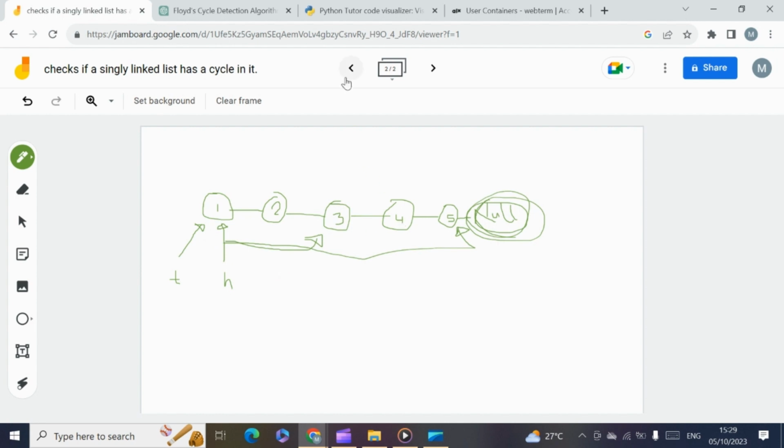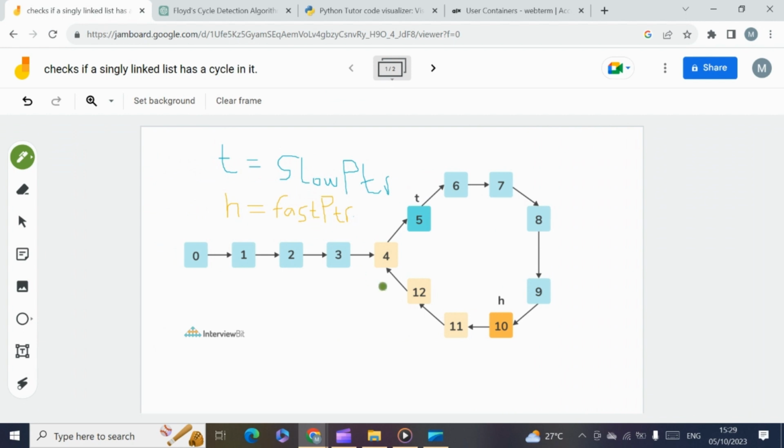it means that there's no cycle. So how do we know if there's a cycle? Now let's look at this. Here the T is the slow pointer and the H is the fast pointer. They initially start at the beginning of the list or of the sequence, and then the T moves one node at a time, whilst the H moves two nodes at a time.